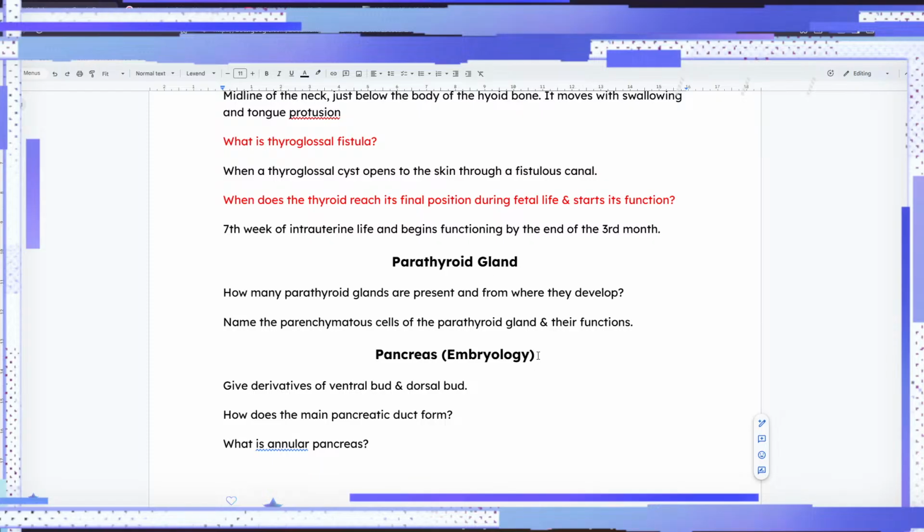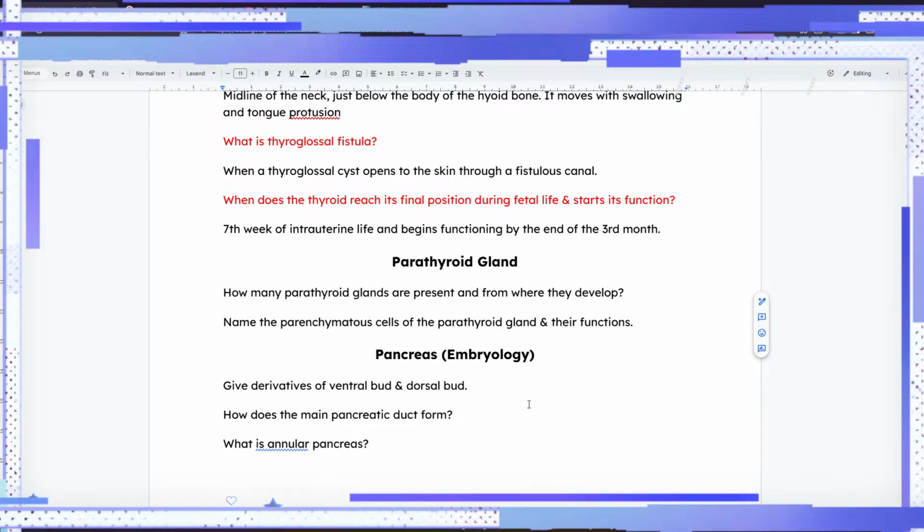Oh wow. Okay. Anyway, parathyroid gland. There are four parathyroid glands. There's no doubt in that fact. और दो जो सुपीरियर है वो फोर्थ पेरेंजियल पाउच से बनते हैं, और जो इन्फीरियर है वो थर्ड पेरेंजियल पाउच से बनते हैं. Isn't that cool, right?